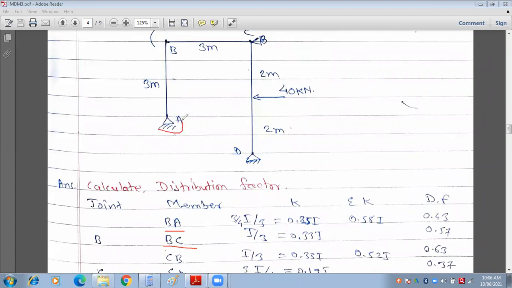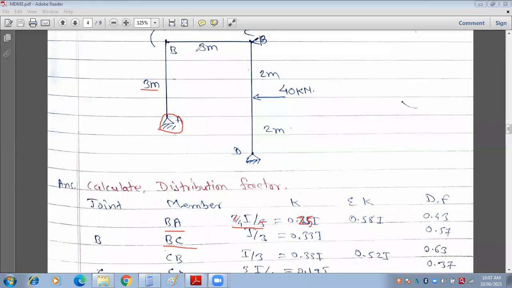The far end A is a hinge support, which means simply supported, and the relative stiffness for a simply supported far end is 3/4 I by L. L here is 3 meter. Therefore 3/4 of I by 3, the 3 gets cancelled, I by 4, which is 0.25 I.